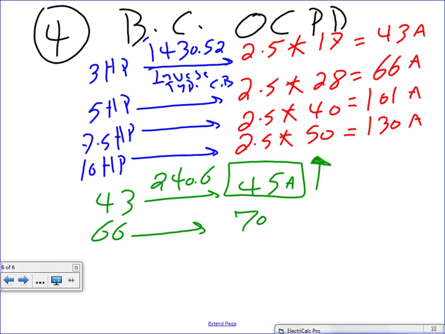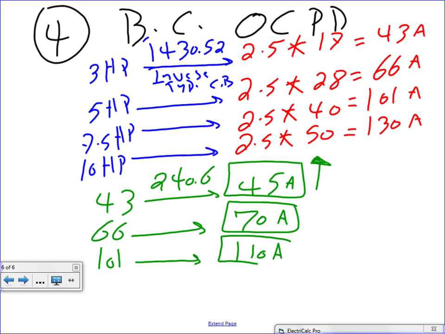I think there's a 70 amp, check that one. And 101, the next standard is 110. And 130 will give me 150. These are the standard circuit breakers that we use in the industry.